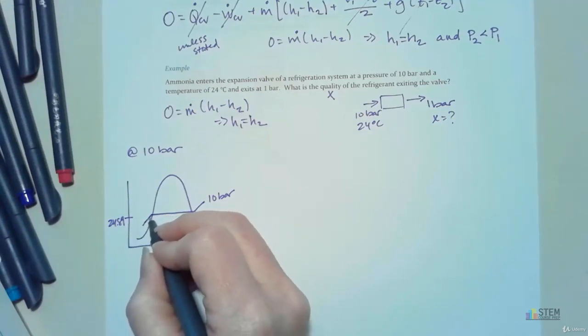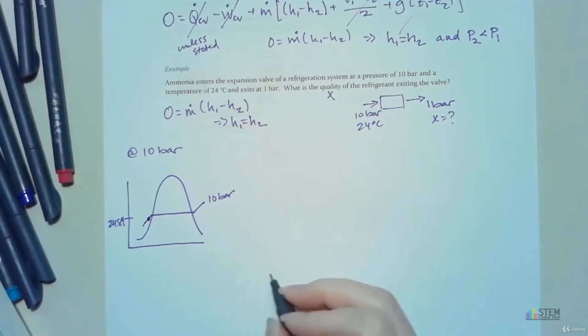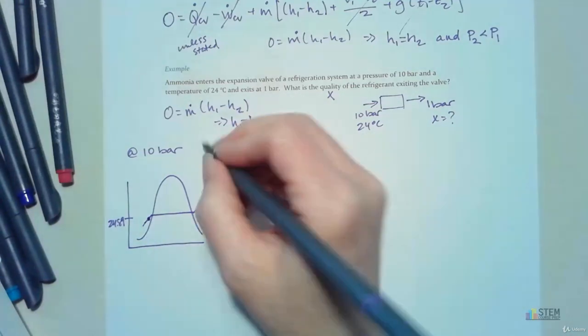So technically, we're down in here, so technically we have a compressed liquid. But remember, we said that we could approximate that compressed liquid with the hf value, that saturated liquid point. So that's what we're going to do here, because this is close enough that we can make that approximation.